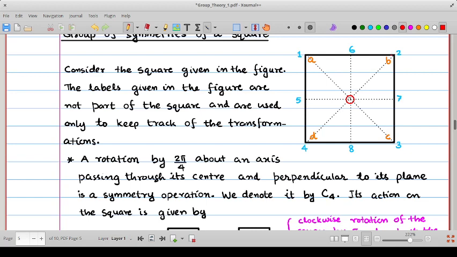And again, if we add one more pi by 2 rotation, that will result in a total rotation by pi radians about the same axis. That is also a symmetry transformation, because in that case also the square will be mapped to the square itself.